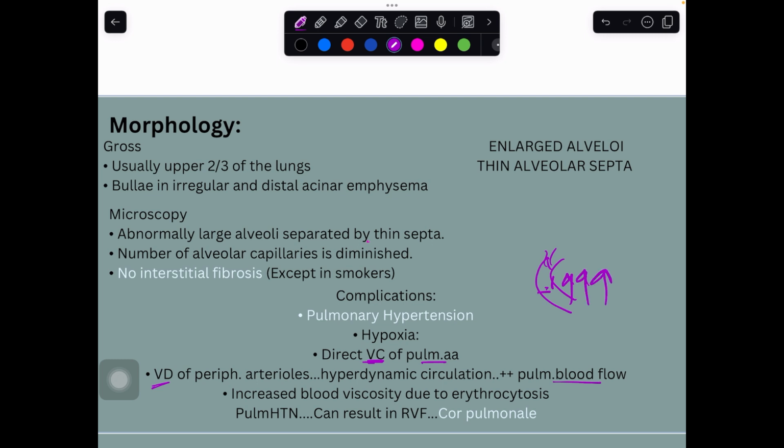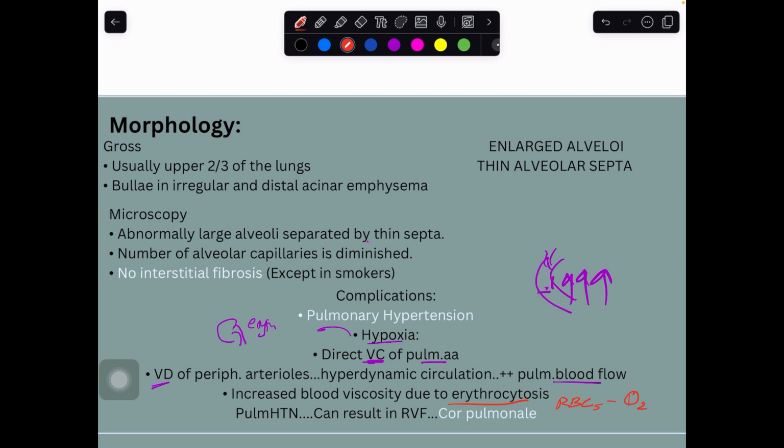Sometimes the hypoxia will induce the kidneys to release something known as erythropoietin. If you remember, it is a hormone that induces erythrocytosis, which is the formation of my RBCs. Why are we doing this? Because RBCs have hemoglobin, which is going to catch more oxygen. So the body thinks, because I have hypoxia, let me just do this.